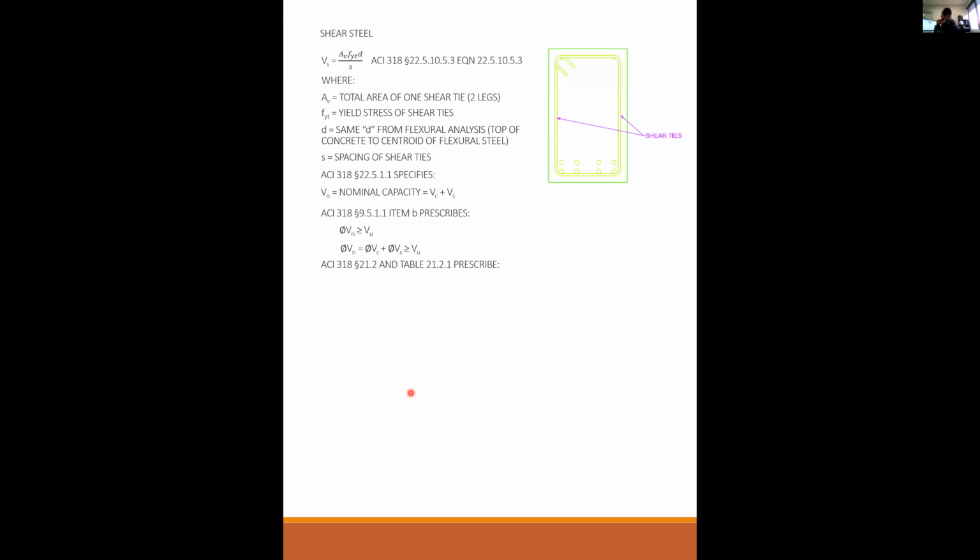ACI 318, section 21.2 and table 21.2.1 prescribe that phi is equal to 0.75 for shear, as I mentioned a moment ago. But this 0.75 applies to Vc and to Vs. It might be tempting to use 0.75 for the concrete and 0.9 for the steel, but the code is clear. It's 0.75 for both components, Vc and Vs. Any questions so far?